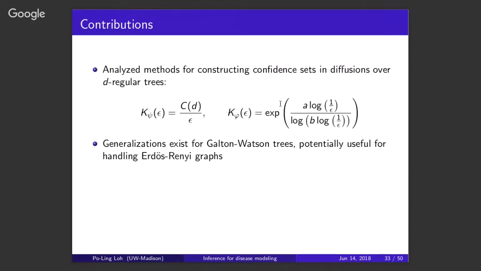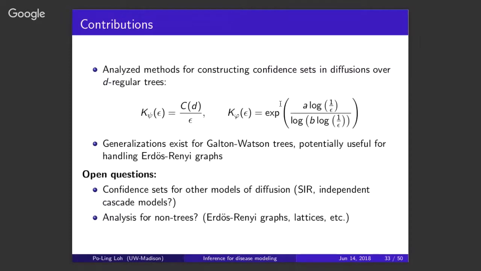Another natural situation you might want to look at is where you still have the same regular structure, but instead of every node having d neighbors, you might draw the number of neighbors from some fixed distribution, and that would be a Galton-Watson tree. So we showed that in that case, you can also get some finite-sized confidence set that doesn't have to grow as the number of infected nodes grows.